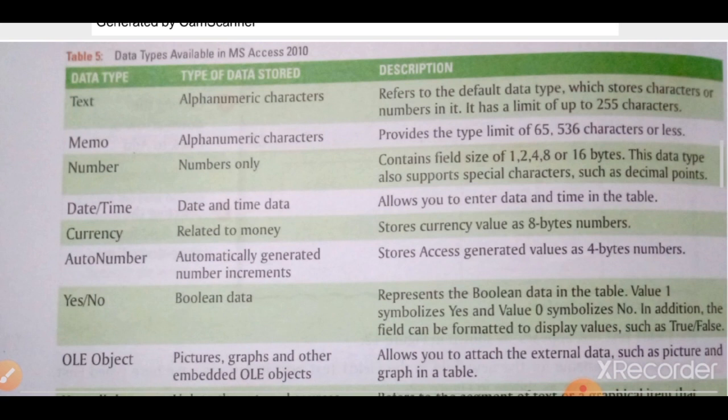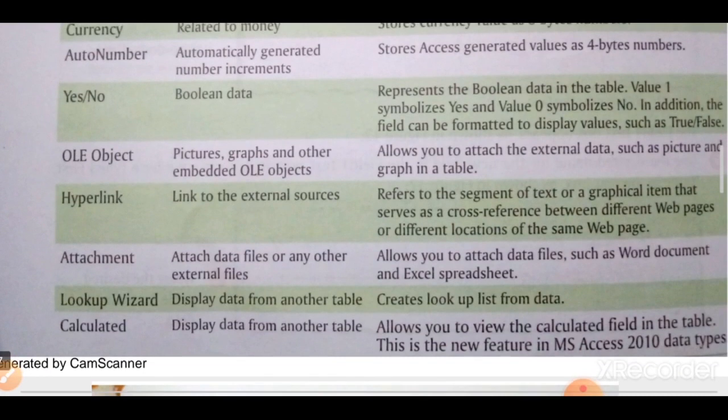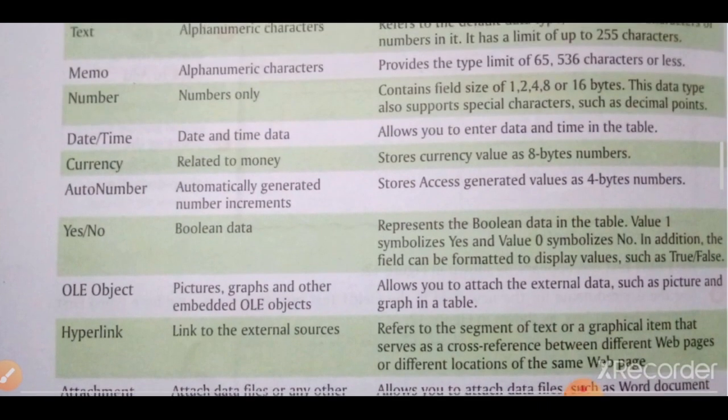So in this table you can find text, memo, number, date, time, currency, auto number, yes, no, OLE object. There are various data types available like hyperlink, attachment, lookup wizard and calculated. So these are the data types. Now I am going to discuss one by one.